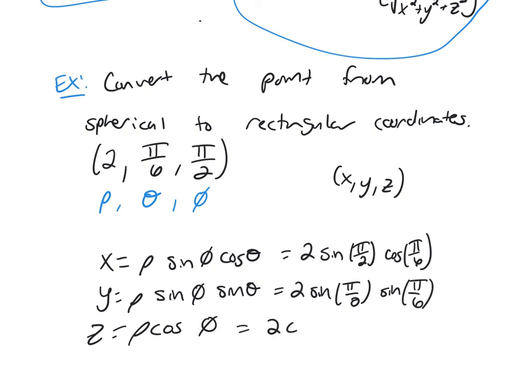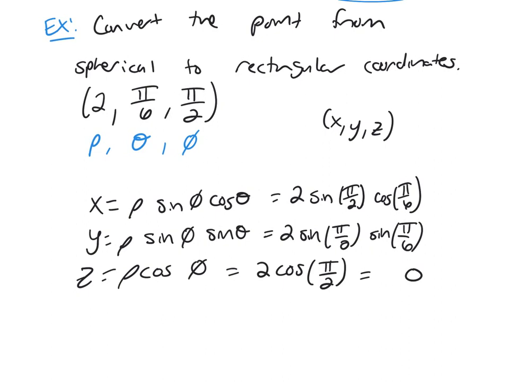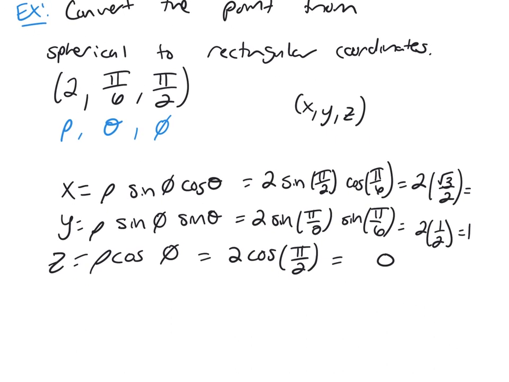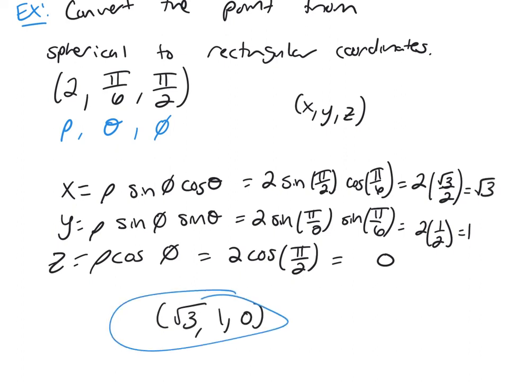And this will be 2 cosine pi over 2. Cosine of pi over 2 is 0, so this is 0. Sine of pi over 2 is 1, so this is 2 times square root of 3 over 2. This is 2 times a half. So our point is going to be square root of 3, 1, and 0. So there's our point in rectangular coordinates.